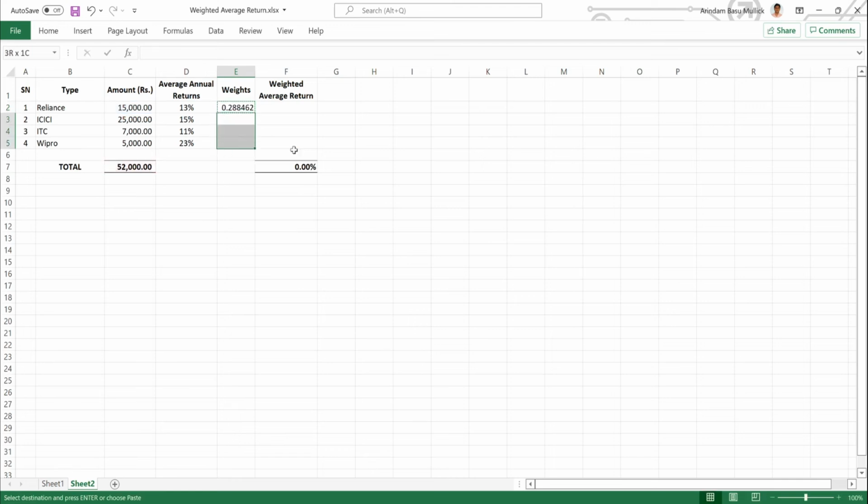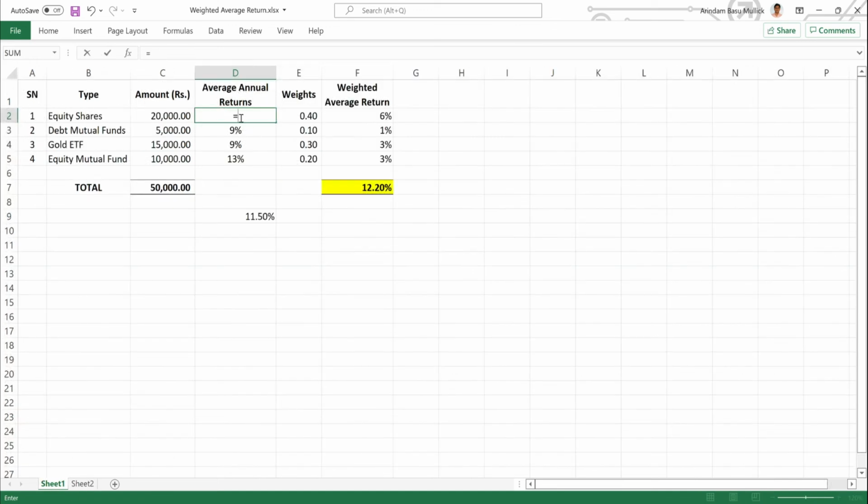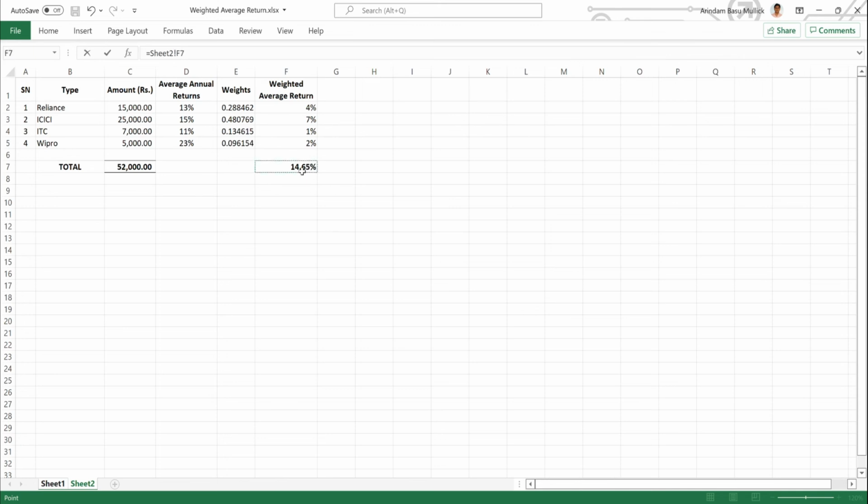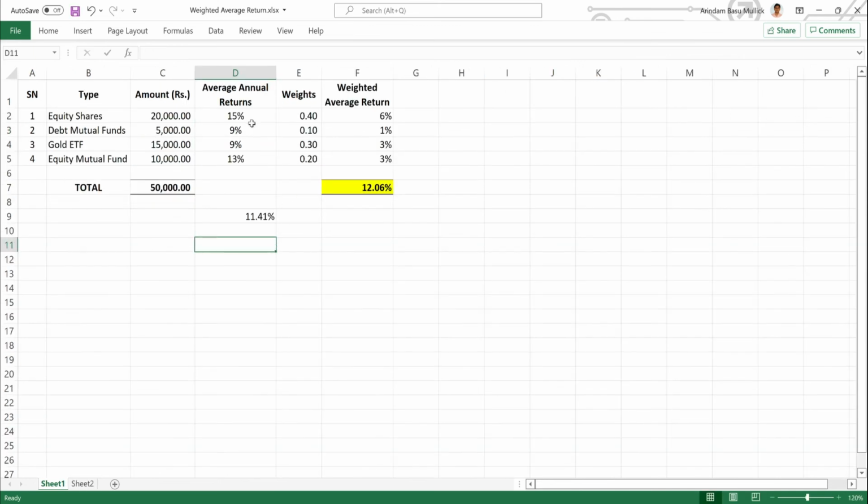So let me just drag that down here, and then you multiply the individual return by their respective weights, and then you drag the same here. So this is your weighted average return just for equity shares, and then you can link that with this amount, and yeah, so that's how you're arriving at this amount.